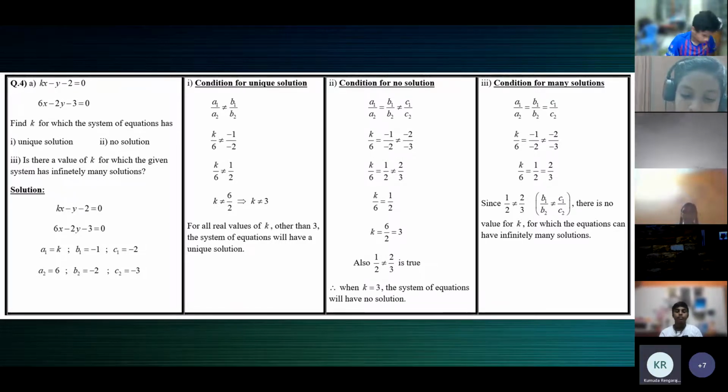Yeah, children, please write down this answer. The next one is a test. The next question similar to this will be a test.